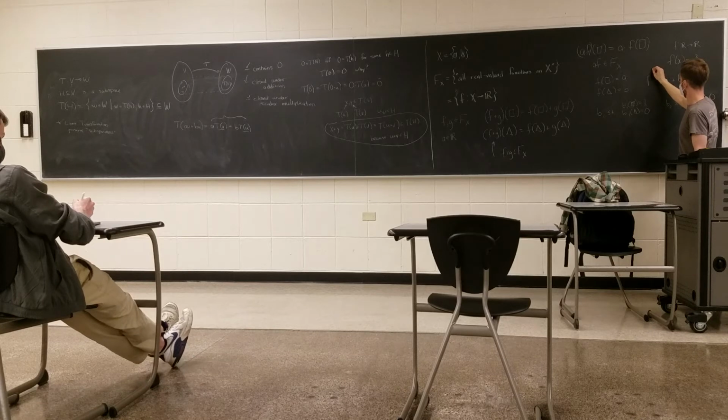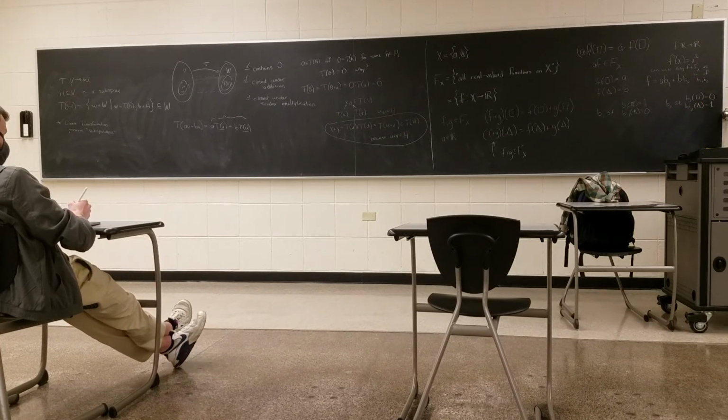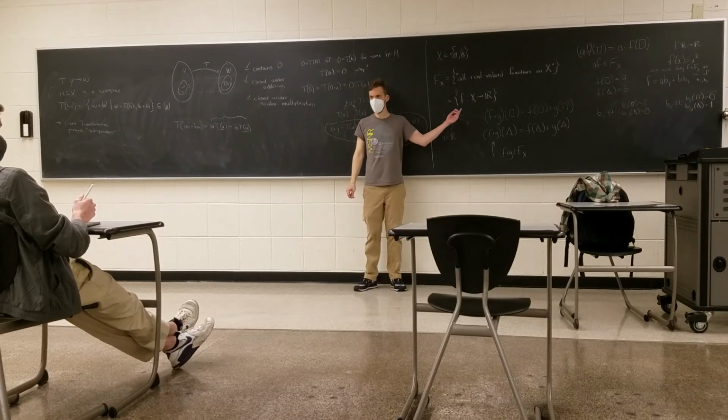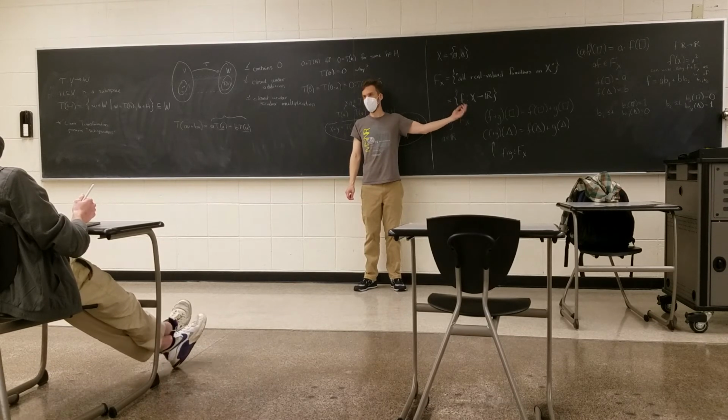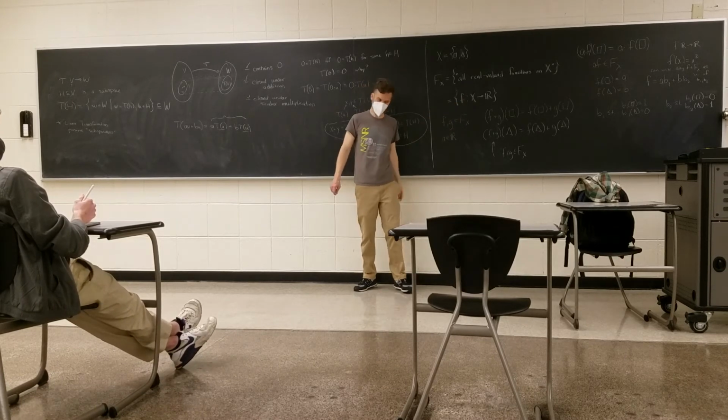Now I can write any f belonging to F sub X as a linear combination of B1, B2. I need to do a little bit more work to show that I can't write it as a linear combination of just B1 and a linear combination of just B2. And so this is the smallest possible set that has this as its span, and therefore it would be a basis.